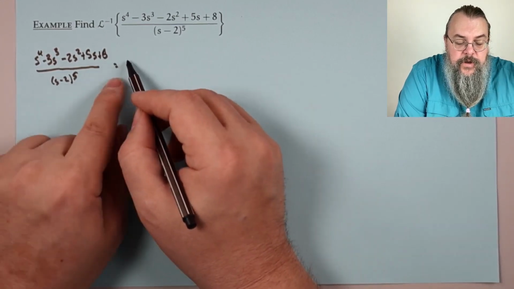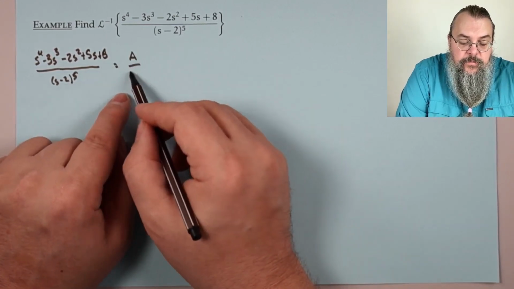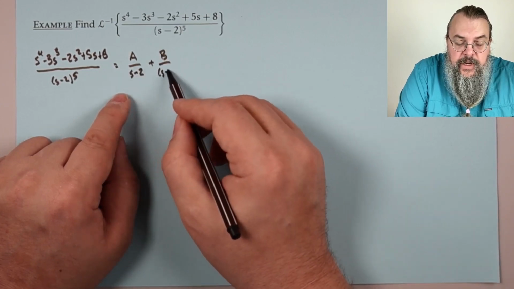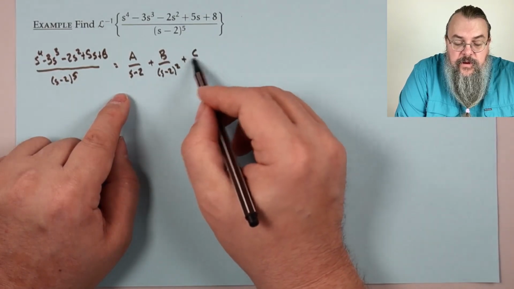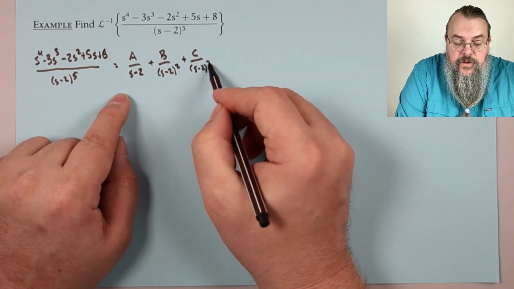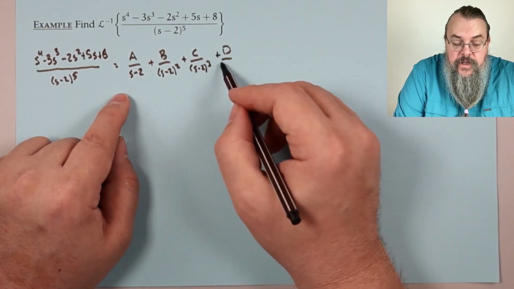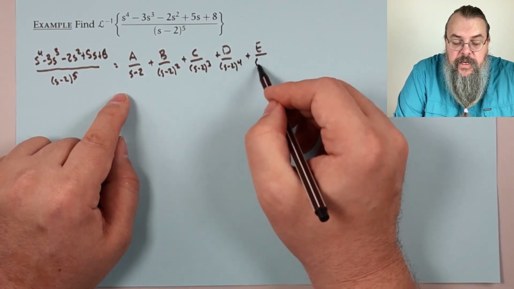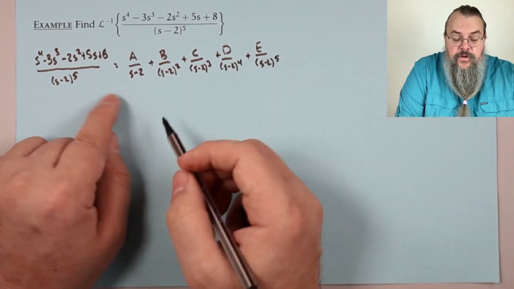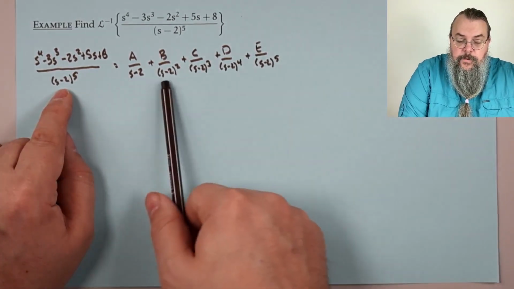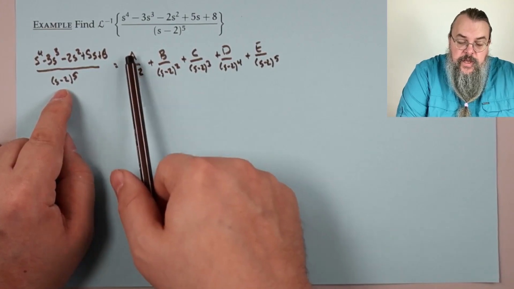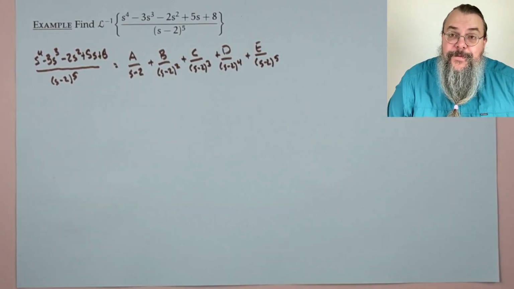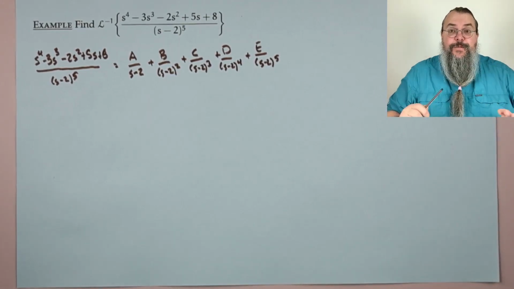We're going to have something over s minus 2 plus something over s minus 2 squared plus something over s minus 2 cubed plus something over s minus 2 to the fourth plus something over s minus 2 to the fifth. We've got to work our way up. Notice A, B, C, D, E, that's 5 unknowns, and we have a fifth degree downstairs. So it's the right number of unknowns.